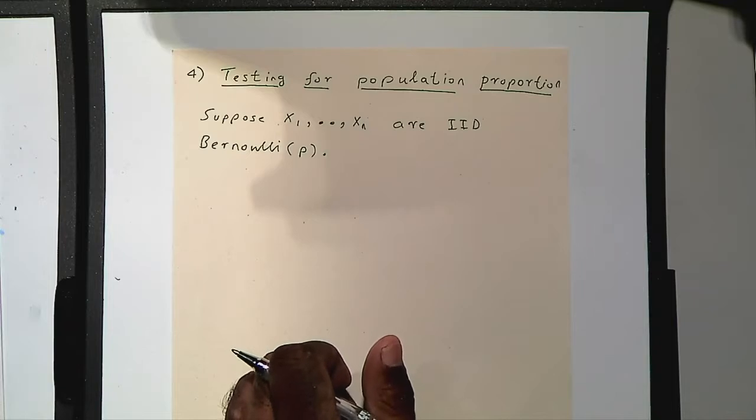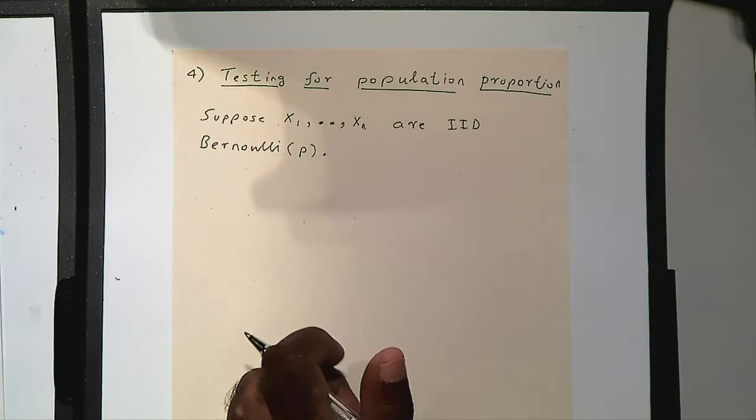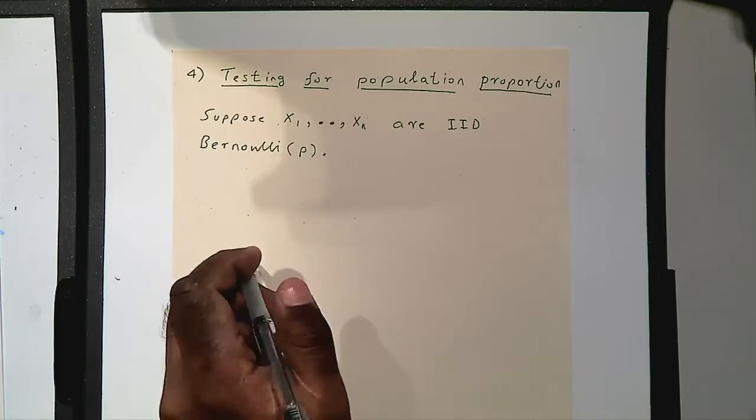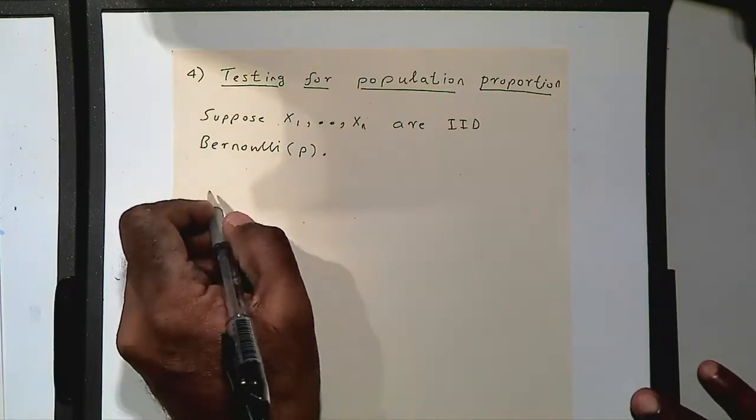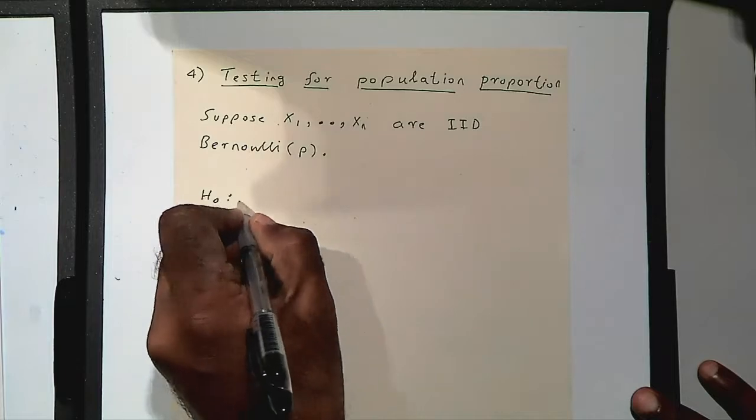Remember, Bernoulli is a distribution that takes either 1 or 0, right? So for example, like smoking or not smoking, or having a car or not having a car, or having a TV or not having a TV. It's things like that, right? Either 1 or 0 is the possible outcome, right? So here, you're trying to test, once again, 3 possible hypotheses.